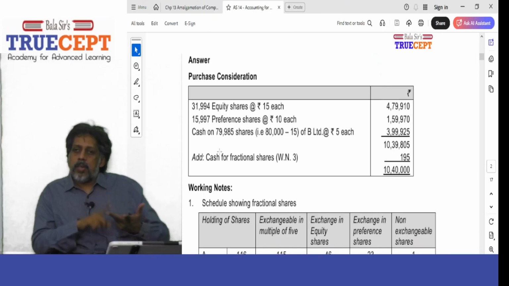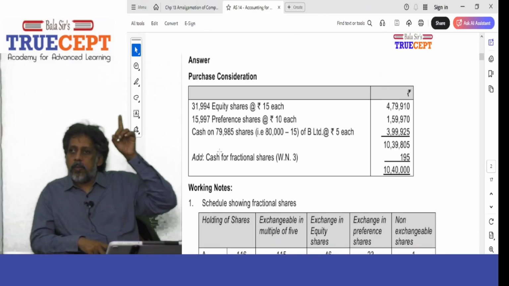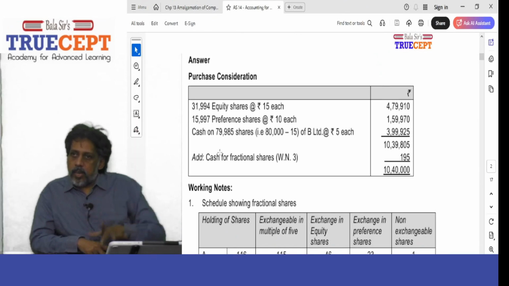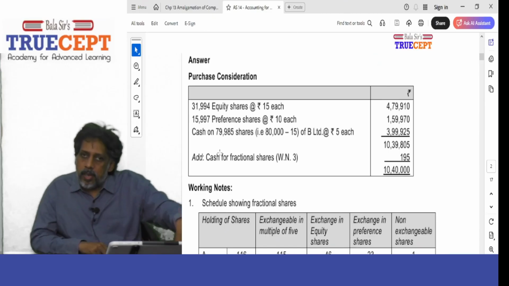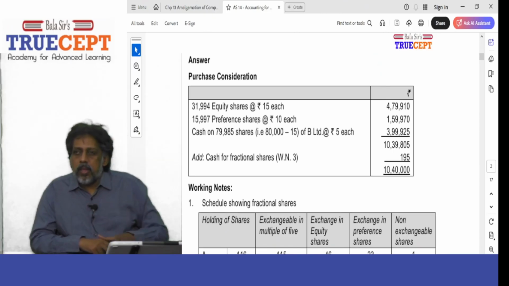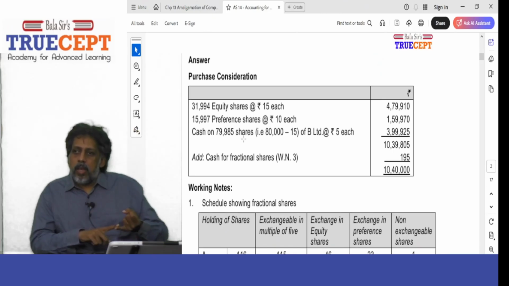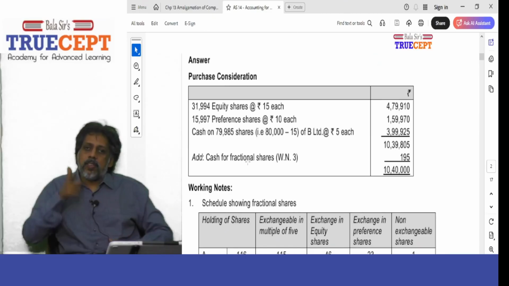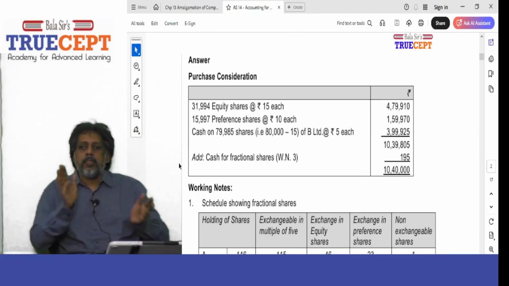And also payment in cash: from 80,000, remove 15 shares, pay cash only on 79,985 shares at 5 rupees each, which is 3,99,920. Add all the 3 numbers, subtotal 10,39,805. And the consideration paid for fractional shareholding, rupees 195 in all, makes 10,40,000. That is your purchase consideration for amalgamation.